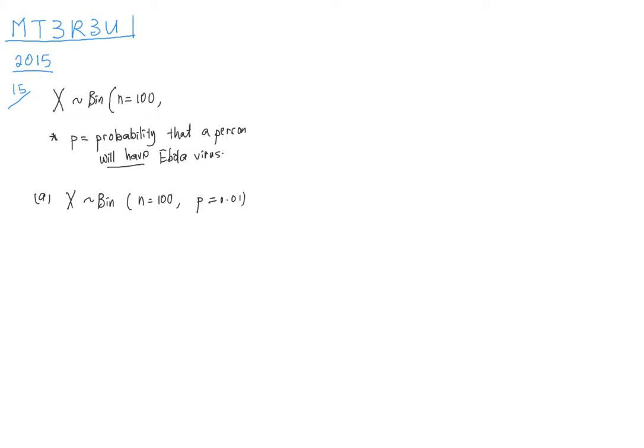So for this one, there are two cases. One is whether to have a pool blood test. How am I going to decide whether to have a pool blood test or not? That means all the people are negative.